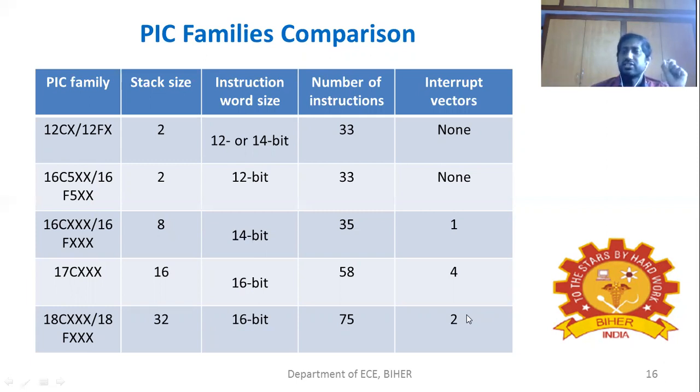So the interrupt vectors play a very important role. When the microcontroller receives the interrupt signal from the device, it will go to a particular location. The address is indicated by the interrupt vector. So interrupt vectors and interrupt signals have a very important role in practical microcontroller based designs.